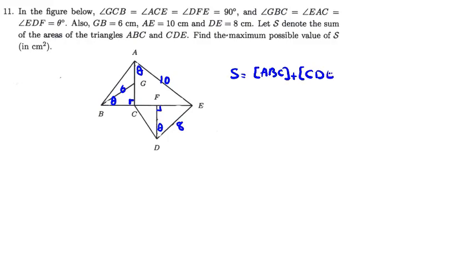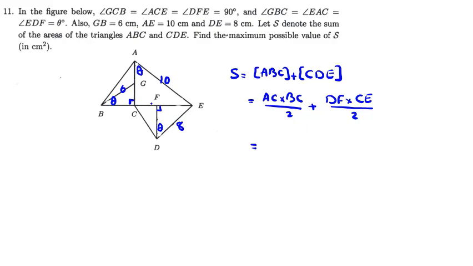Okay. Area of ABC equals AC times BC over 2. Area of CDE equals DF times CF over 2. We want to find all these lengths in terms of theta and then differentiate with respect to theta and find the maximum possible value of S. AC, if you consider triangle ACE, is 10 cos theta.